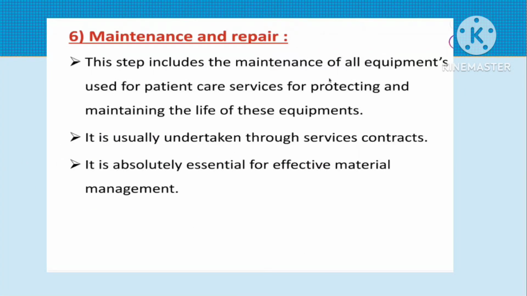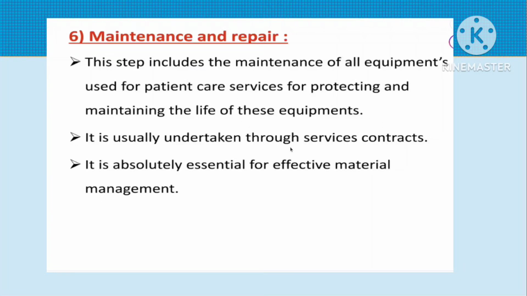Sixth step is maintenance and repair. This step includes the maintenance of all equipment used for patient care services, for protecting and maintaining the life of these equipment. Keeping the life of the equipment is very important. Whatever BP apparatus, laryngoscope, monitors, infusion pumps you are receiving, daily you have to check the cords, wires, everything, keep it safely, give numbering and codes to them, charge them daily, make sure they are working properly, because if an emergency comes, that equipment should be in working condition.